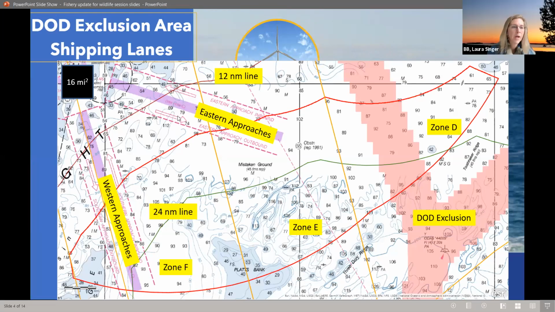Absolutely. So this is a square 16 miles that I should have pointed out on my first slide here. And ultimately, this is the approximate size square, if the configuration was going to be a square, that we would want to fit inside of this area.